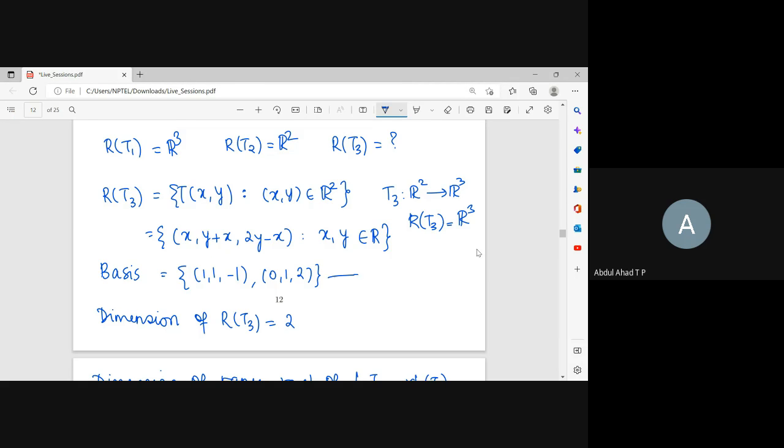Yes, but we are showing that it is a two-dimensional subspace, right? So it cannot be R3. I just asked whether the range is R2 or R3 according to the question. Yeah, it's based on what the codomain is.